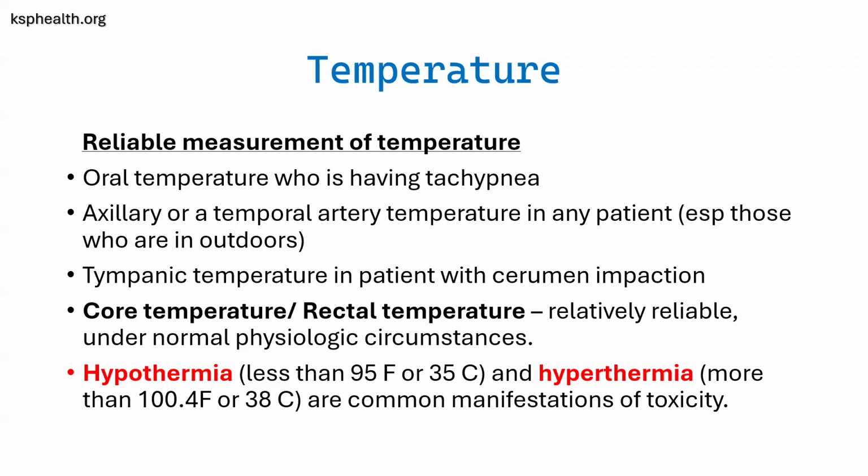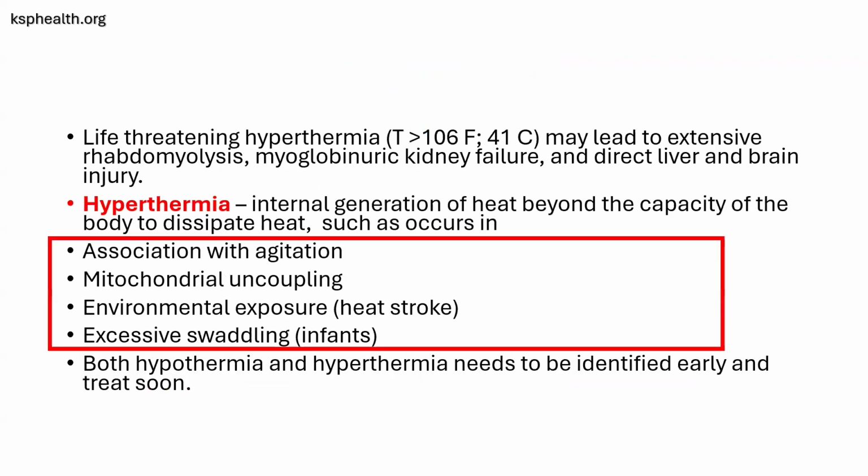So how do you define hypothermia and hyperthermia? Hypothermia is defined when the temperature is less than 95 Fahrenheit or 35 Celsius. Hyperthermia is defined when the temperature is more than 38 centigrade or 100.4 Fahrenheit. Life-threatening hyperthermia is defined when the temperature is 106 Fahrenheit or 41 centigrade.